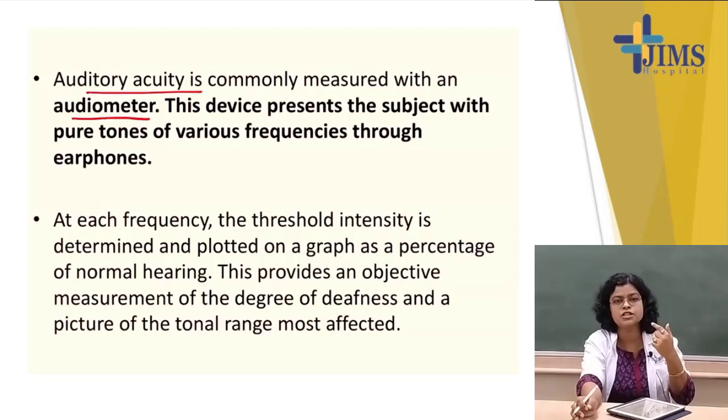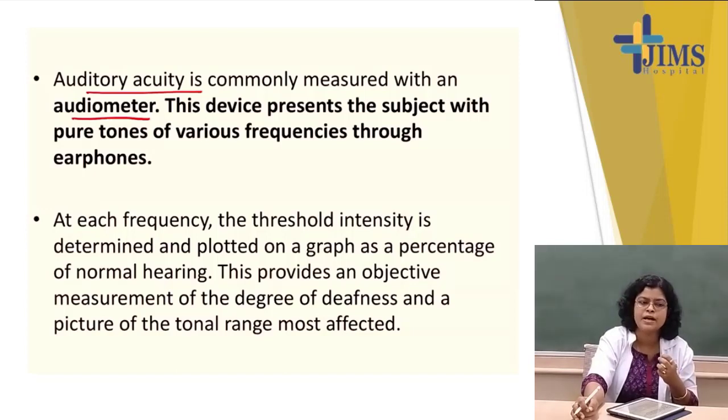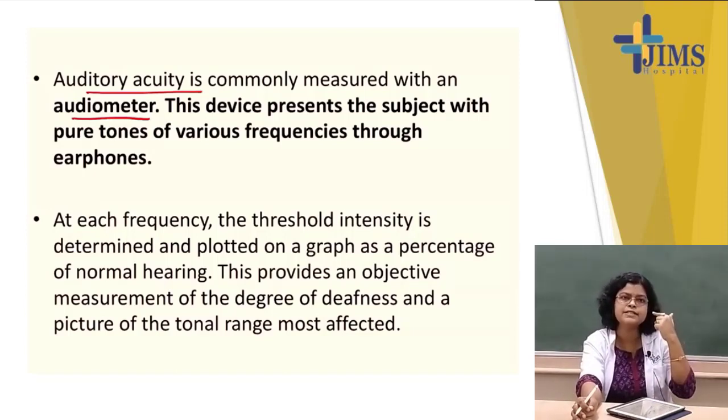So if my conductive deafness is in my left ear, then the patient will tell that it is going towards the left ear. Why? Because as there is no sound coming from the external ear, the masking effect is not there. Okay, masking effect is not there, but in the other ear there is masking effect, you know this. That is why in the diseased ear the subject will hear more.